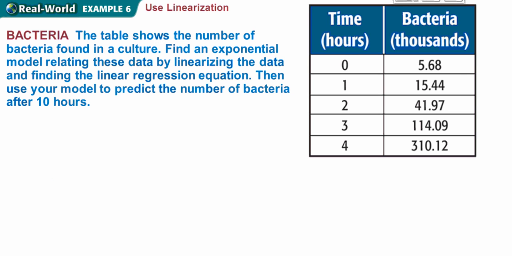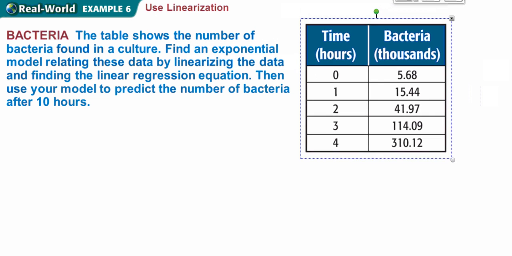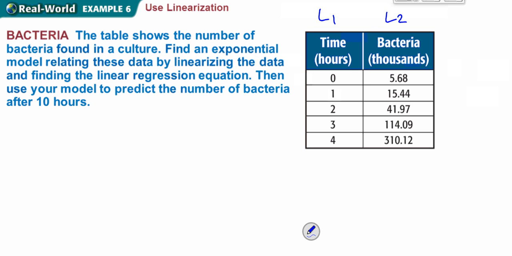Here's our next one. I'm not using a calculator, so you have to kind of be ready. So write down this table. This is going to be list one, this is going to be list two, and this is exponential.